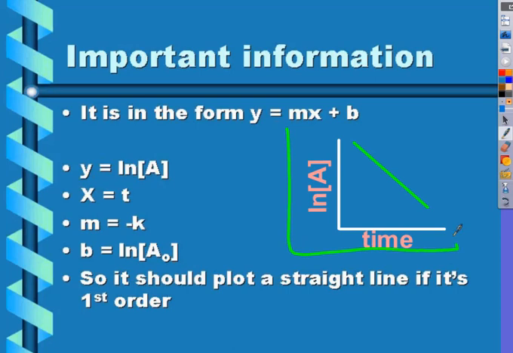So make sure that you write this graph on your paper. So a plot of ln of concentration versus time, if it gives you a straight line, you know it's first order. The slope is going to equal negative k. So if you have the graph or the data, you can determine your k from the slope.